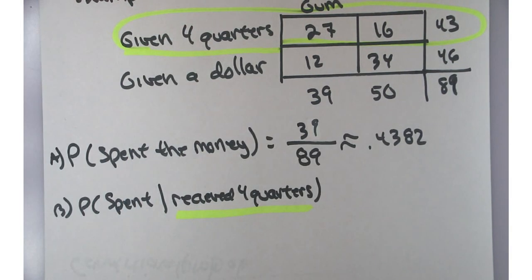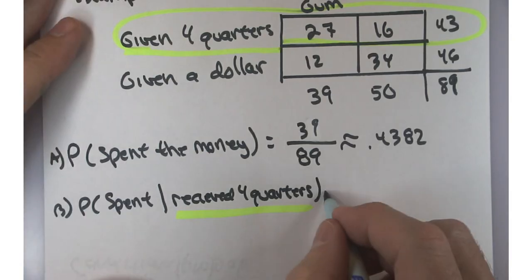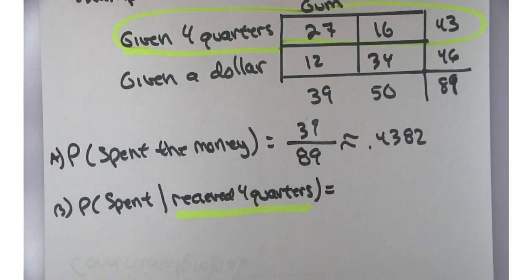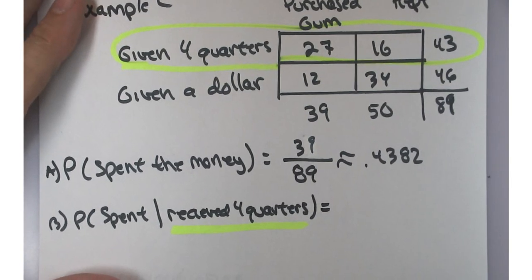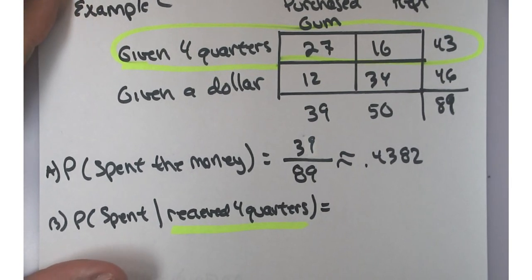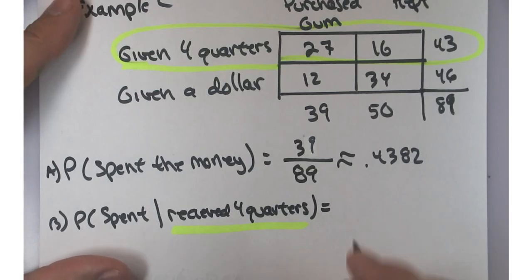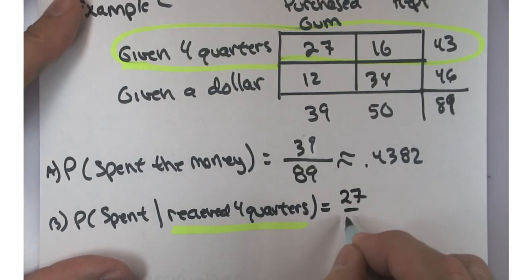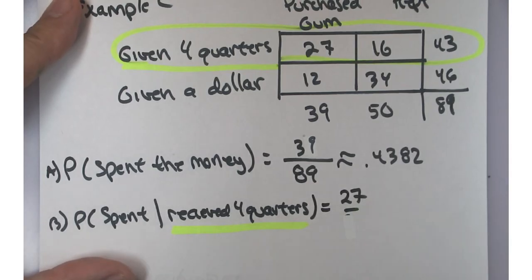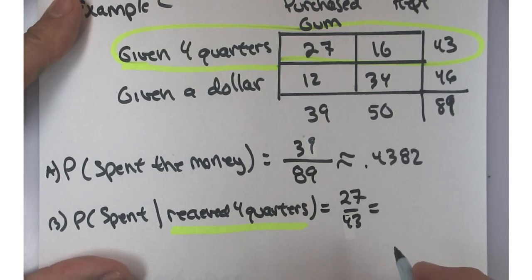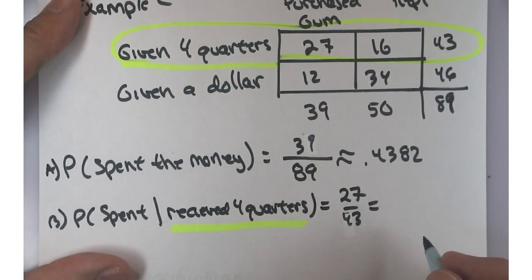And of those who got 4 quarters, what's the probability that they spent it on gum? 27 out of 43. Yeah, thank you. 27 out of the 43 bought some gum. So about 0.6279.